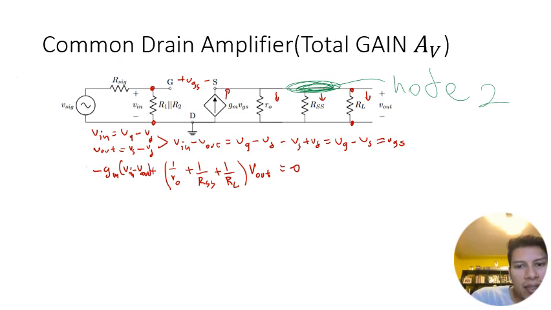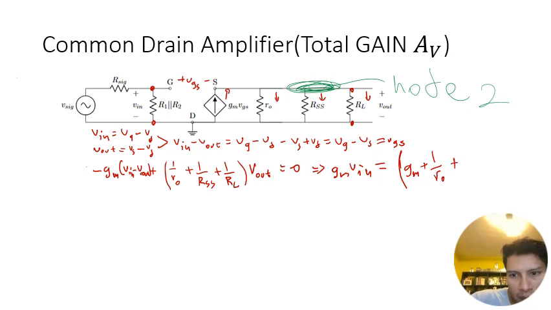So that's going to give us the following: negative gm V_in equals, or sorry, I'm going to move the gm V_in to the other side so that it becomes positive, and then I'm going to have (gm plus 1/ro plus 1/Rss plus 1/RL) times V_out.